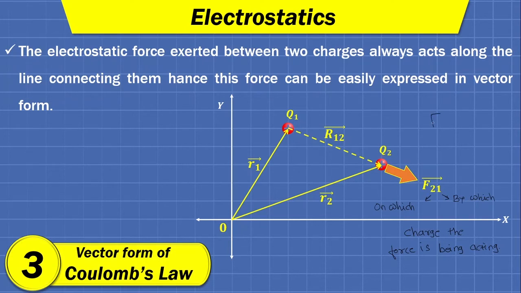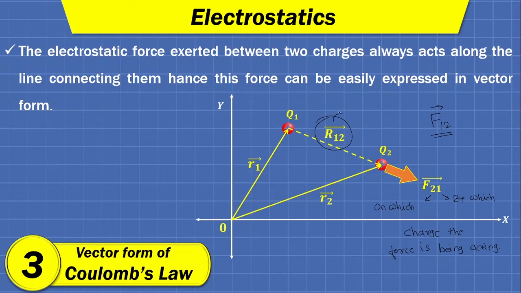If I write F12 bar, then one should understand this sign as the force on charge q1 due to charge q2. So by doing so we need to find the distance vector from q1 to q2.